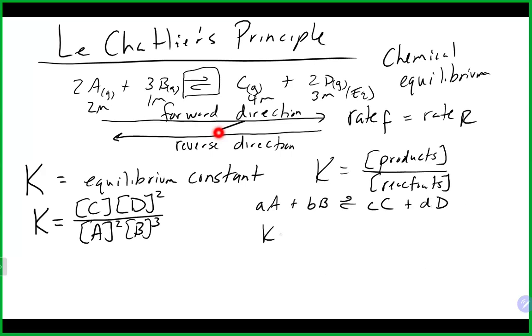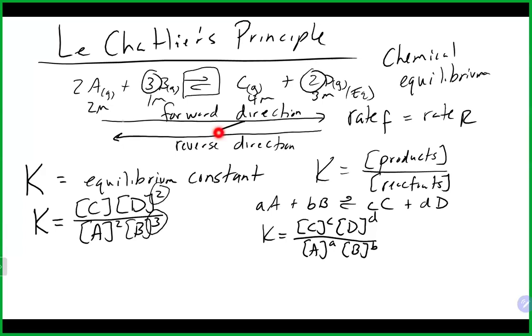You could write the equilibrium expression by taking our products, and the coefficients in the balanced equation become the exponents, like so. That's where I got all these numbers from. They are the coefficients in the equation. And obviously this one is 1, so there's nothing really written there. It's assumed to be 1 in this case.